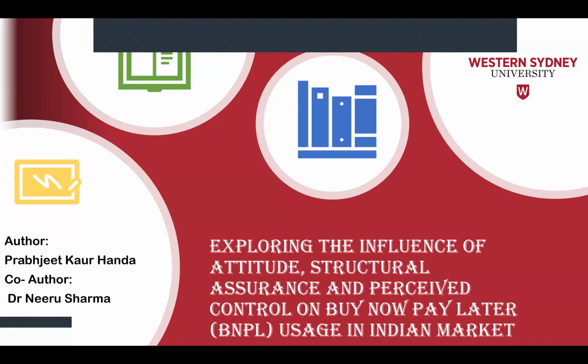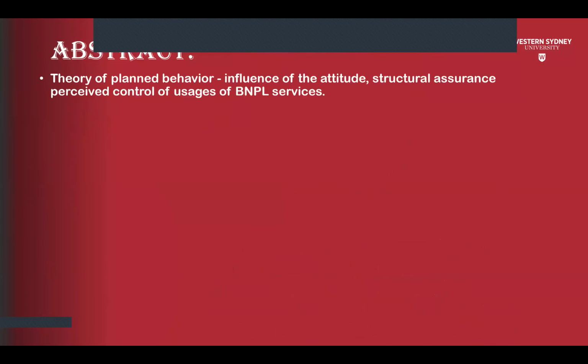So starting with, next slide, please. So I'll just go through the abstract and then a little bit of introduction and how I'm going to do it. And then I'll be open to feedback or any suggestions anyone of you will have. So in this study, theory of planned behavior and technology acceptance model are used to understand the influence of attitude, structural assurance, and perceived control on usage of BNPL services.